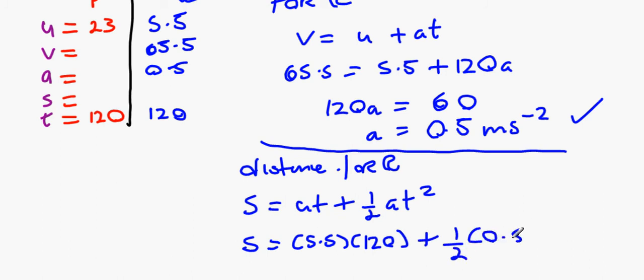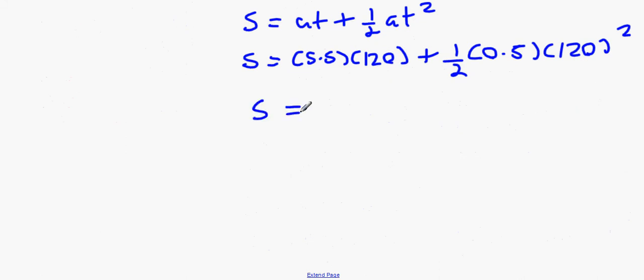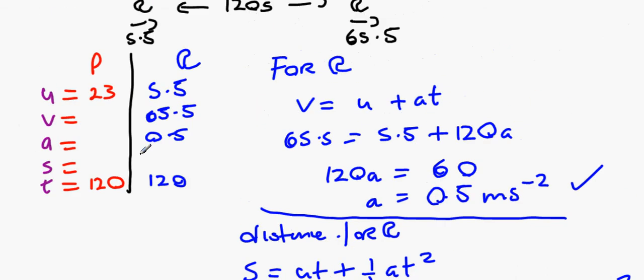And T squared is 120 seconds squared. Going to put all that into your calculator. And what you'll get next is S equals 4,260 meters, okay? So 4,260 meters. Now we know that P also travels 4,260.